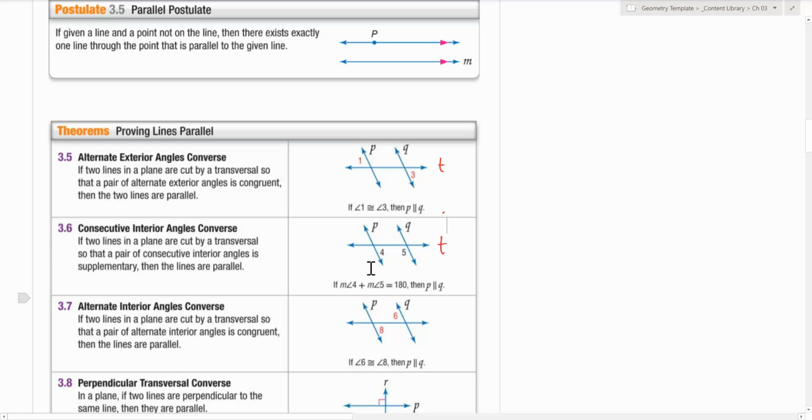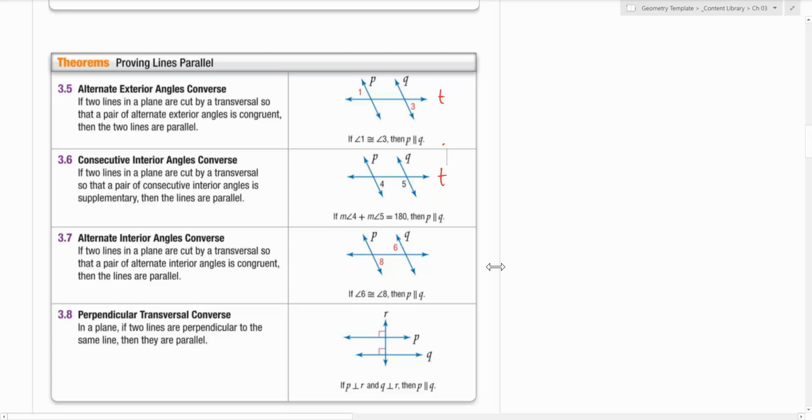Okay, alternate interior angles converse. Given lines P and Q, and we don't know they're parallel yet, we're trying to show they're parallel, cut by a transversal T, such that alternate interior angles are congruent. Alternate means angles on opposite sides of the transversal T; interior means they're enclosed within the lines P and Q. If they are congruent, then lines P and Q must be parallel.